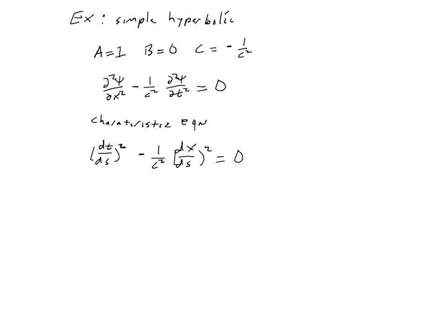And then you could see that from this equation you could get a very simple equation, (dx/dt) squared is equal to c squared, which tells you that, in physical terms, if you're moving with the velocity of the wave, then you can't see the wave.